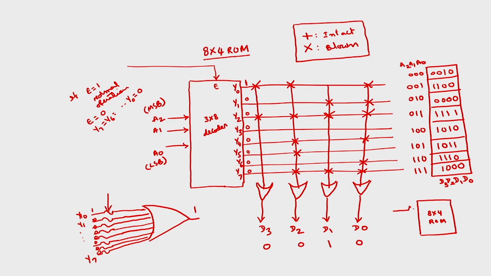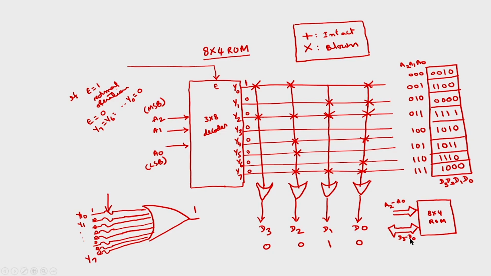Address lines will be represented by unidirectional. This is the representation of the bus A2 to A0, 3 address lines. And this 4 represents the number of data lines. Data bus is bidirectional. So, we have D3 to D0.